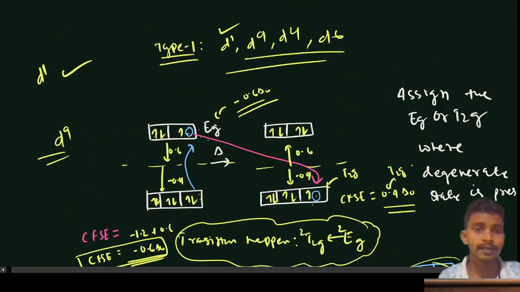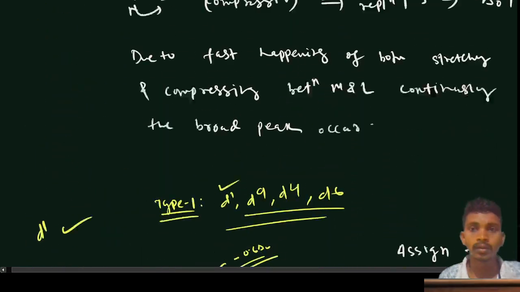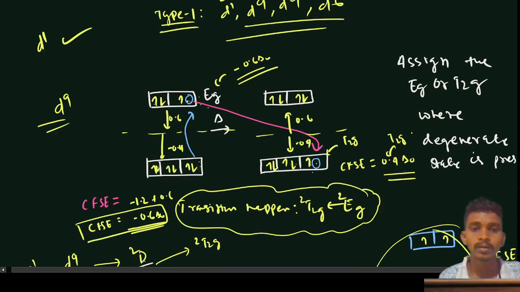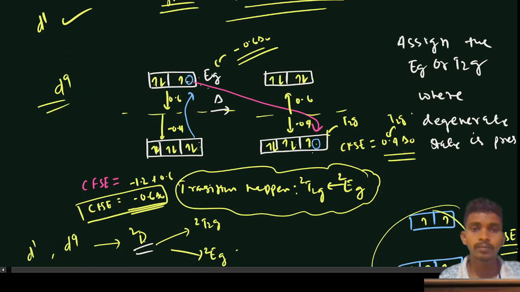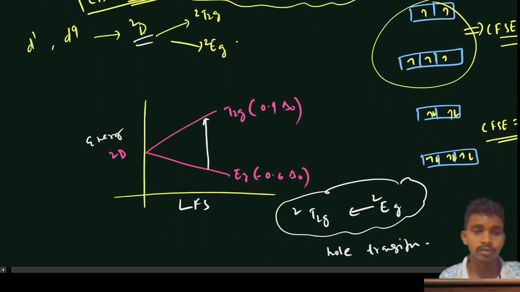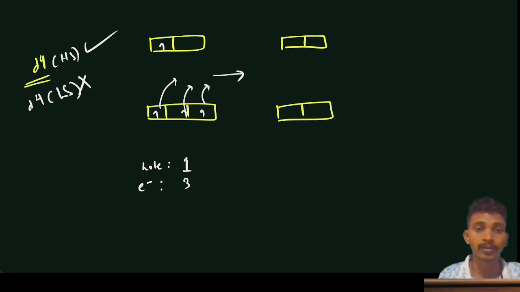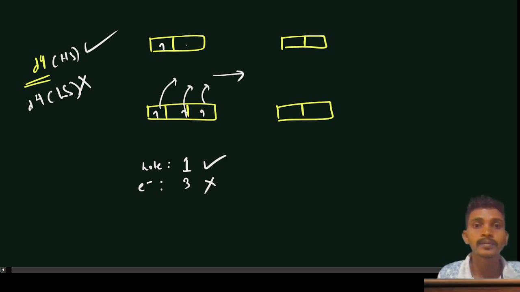For the D9 case, and also for the D4 case, I talk according to hole transitions, because if I talk about electron transitions then 3 transitions are possible, but according to the hole only 1 transition is possible. Because we need the minimum transitions.